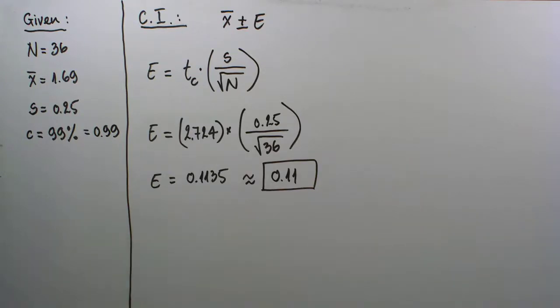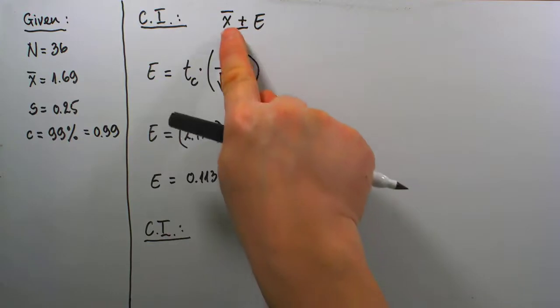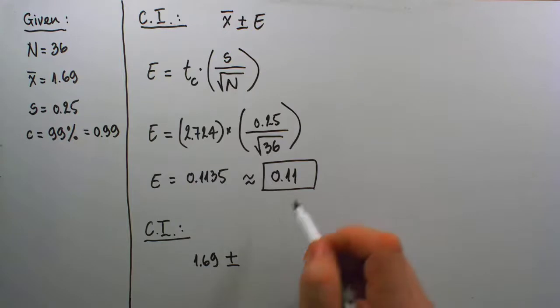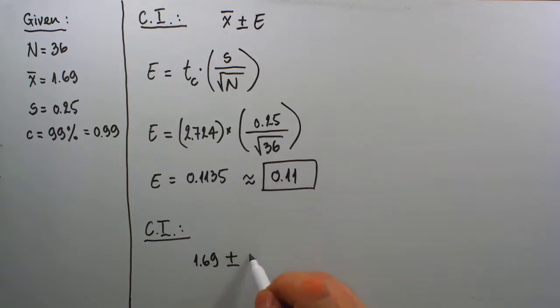But now, once we have the margin of error, our final confidence interval can now be written as follows. Our sample mean value in this sample being $1.69, with this sample mean value we are going to add and subtract the margin of error just found, 0.11.